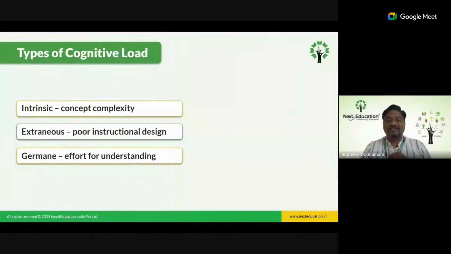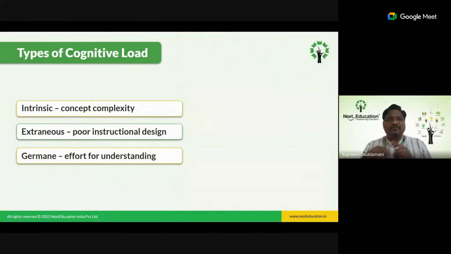Now, what causes this? An example is science diagrams. In science we have diagrams, and they are not presented properly in the textbook. For example, the diagram is on one page, the labels are on another page, and the related explanation is on yet another page. This makes the child constantly shift their eyes, and once they are shifting their eyes, their memory is not stable.